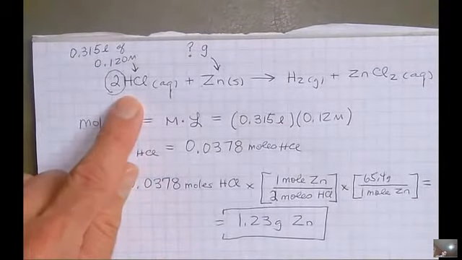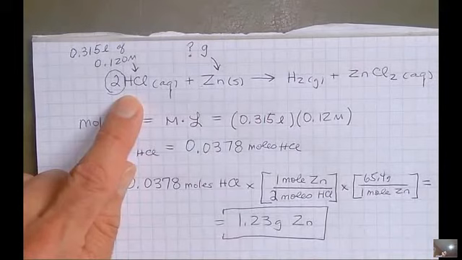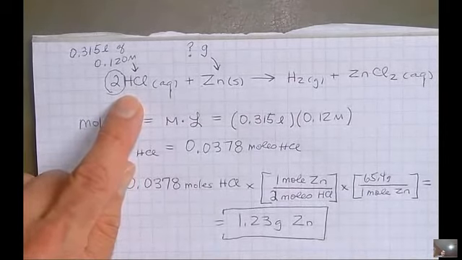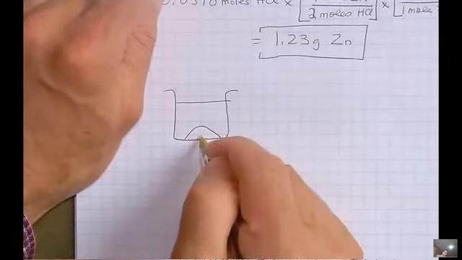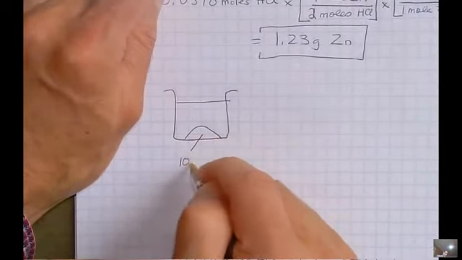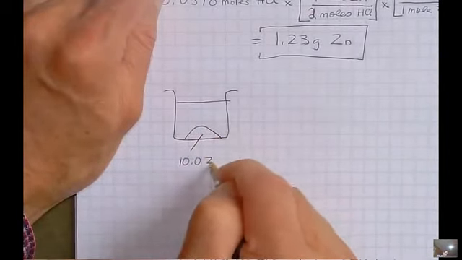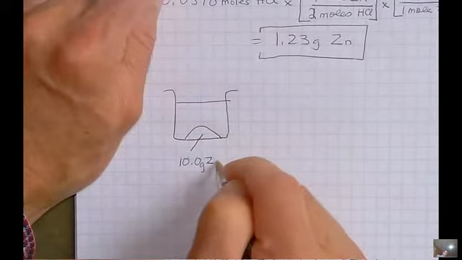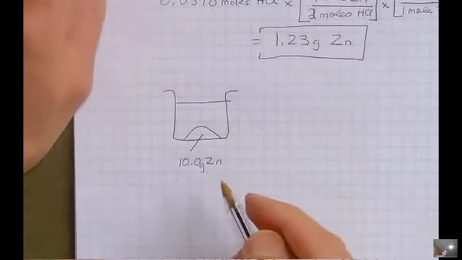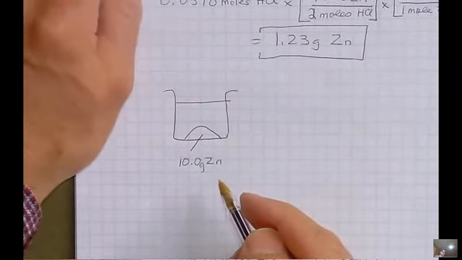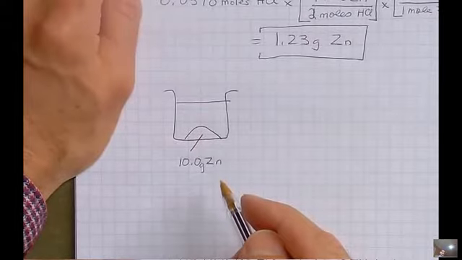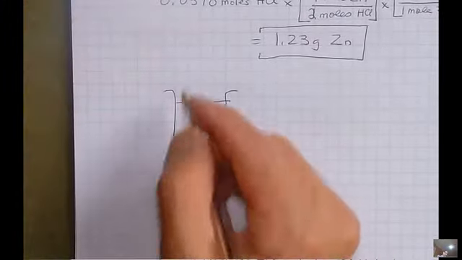If I had my beaker and I had a whole bunch of zinc down at the bottom, let's say I have like 10 grams of zinc. Okay, and I pour my solution here. I pour 315 milliliters of this solution, HCl, on top.